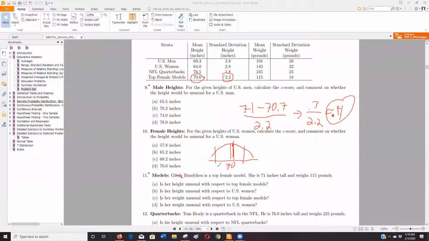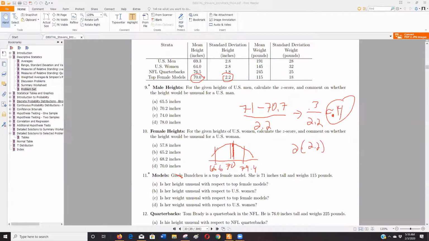Now, you probably have seen some people write in, what is 2 standard deviations? If I take 2 times 2.2, that's 4.4. If I add that to 70, I get 74.4. And if I subtract that from 70, I get 65.6.